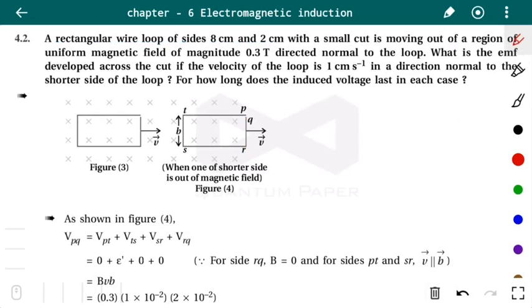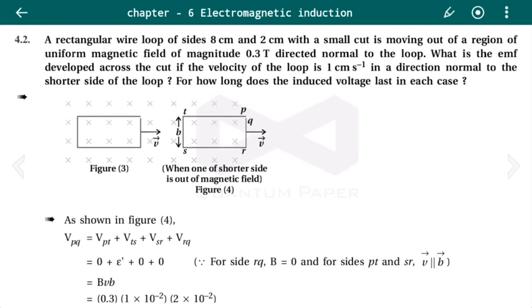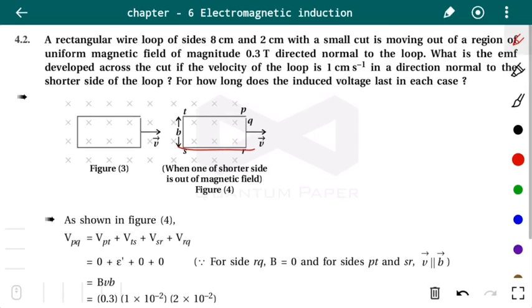And for the sides SR and TP, the length is parallel to that of the velocity, so it is equal to 0. So we will be finding the voltage only for the side b, because it is perpendicular to the velocity.